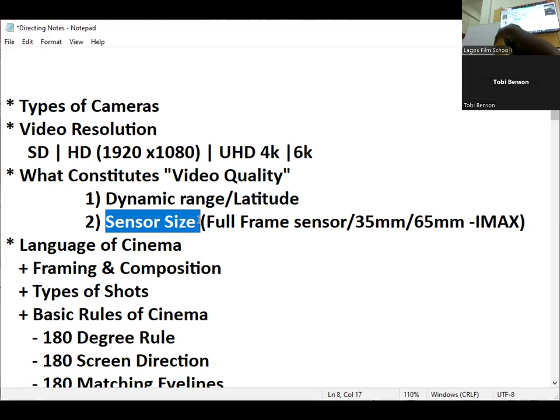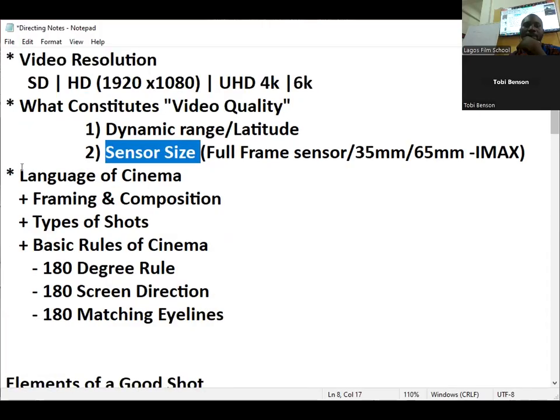The higher the stops of light, though, the dynamic range, the better. In simple English, Red, Ari, a couple of Panasonic cameras, maybe even the 5D Mark IV has a higher dynamic range than other previous models. You can use any of those cameras.